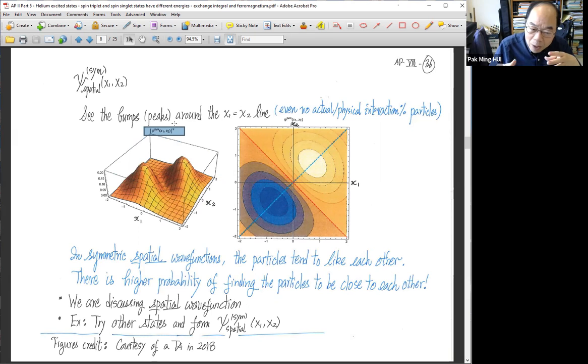That is to say, when x1 is close to x2, the 2 coordinates of the 2 particles, the wave function squared is bigger. That is the Born interpretation.